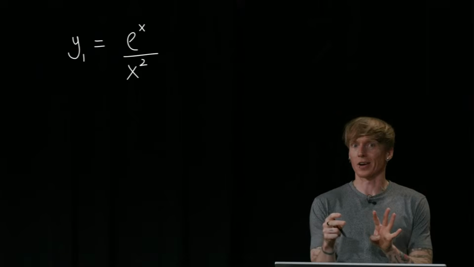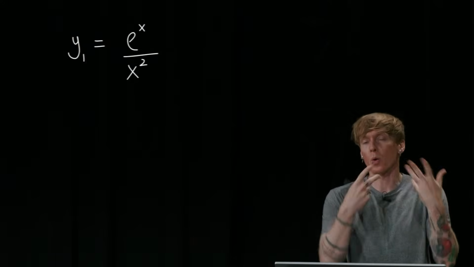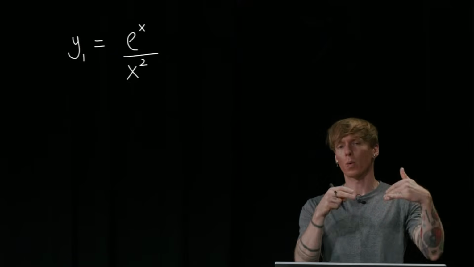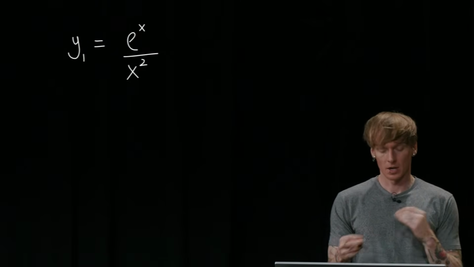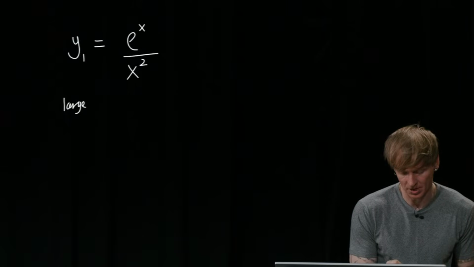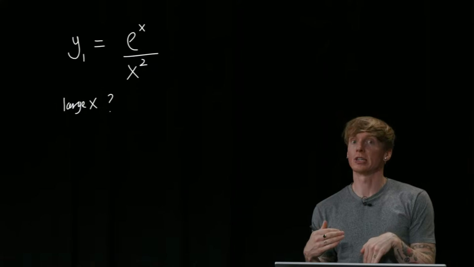There's quite a lot going on here, but we're just trying to interpret how quickly this grows, and will this grow to infinity, or will this shrink to 0? So we want to think about what happens for large x. So if we increase x, where does this function go? Does it keep going up, or does it go down?